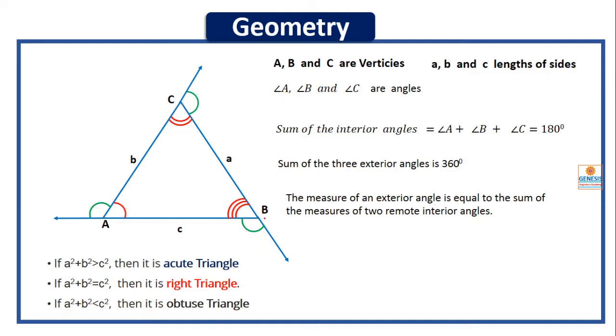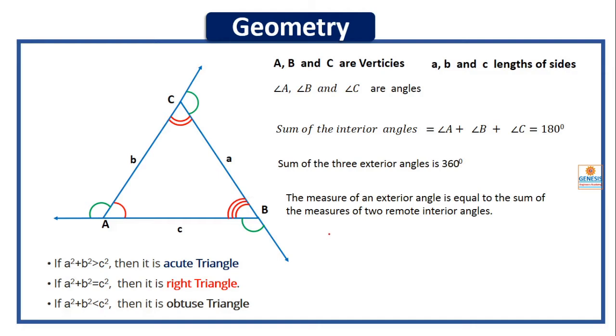Sometimes you may be asked to find or to show what type of triangle it is. Okay, so take A square, B square, C square.